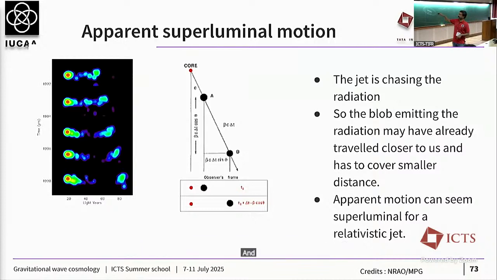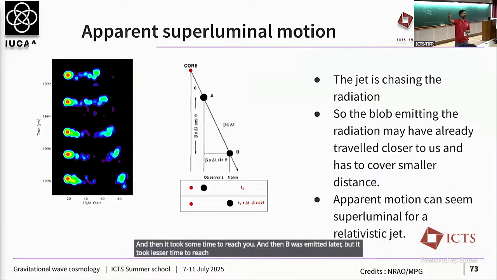There are two components. One is that A was emitted before, and then it took some time to reach you. And then B was emitted later, but it took less time to reach you compared to when A was emitted.